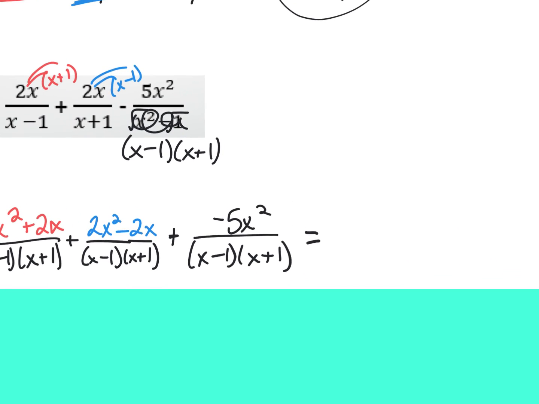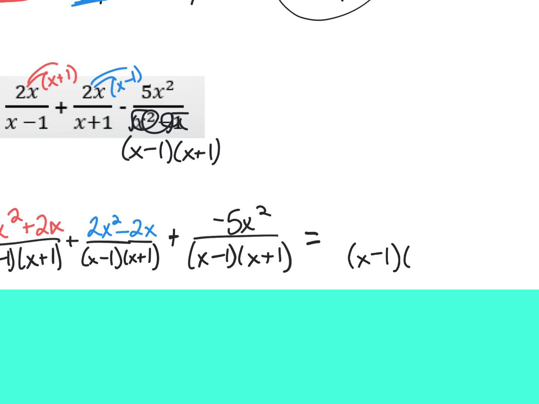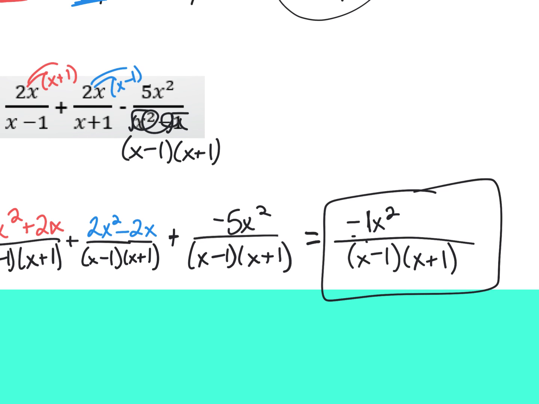Which is going to be what? x minus 1, x plus 1. And then on the top, what do we got? So 2x squared, negative 5x squared. Negative 1x squared. And then 2x minus 2x, nothing. So that's it. Negative x squared, or negative 1x squared, on top.